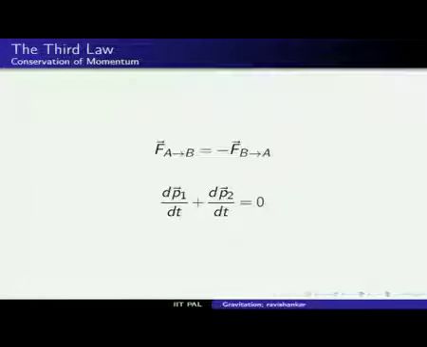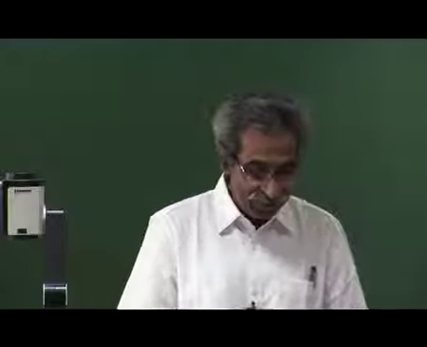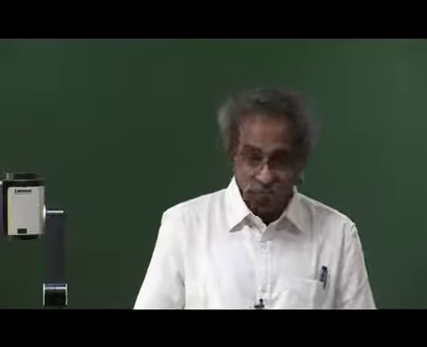It tells you that d(P1+P2)/dt equal to 0. Okay. There is a slight notation mismatch. P1 is the momentum of A, P2 is the momentum of B. The third law tells you that the total momentum is a conserved quantity. So please take this as an exercise, work it out.